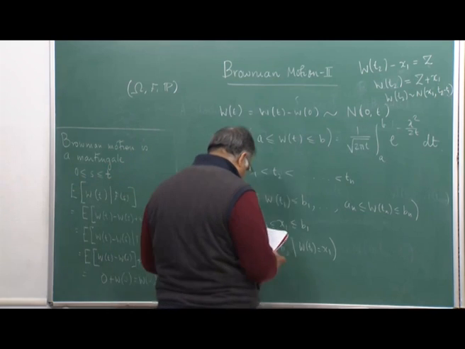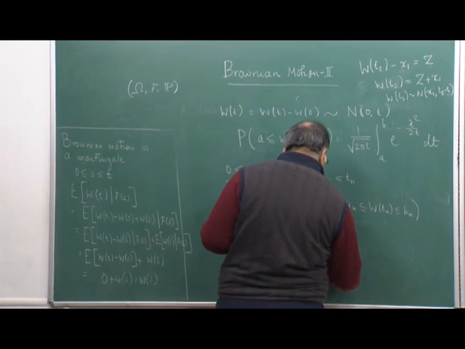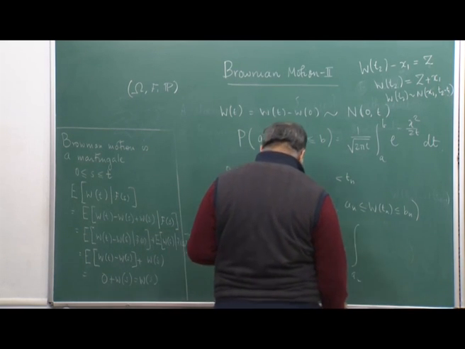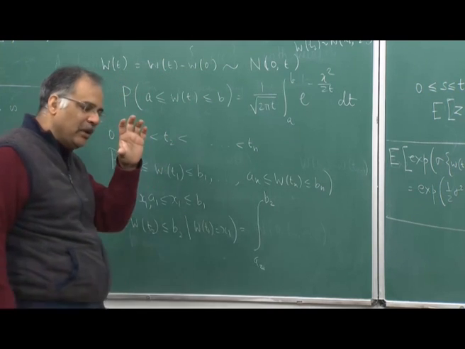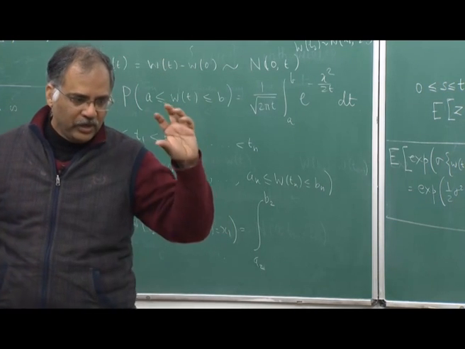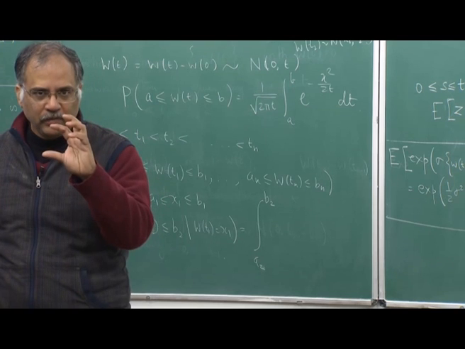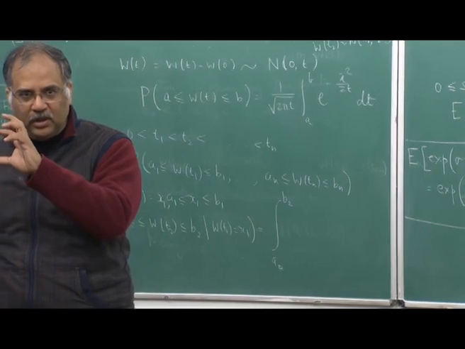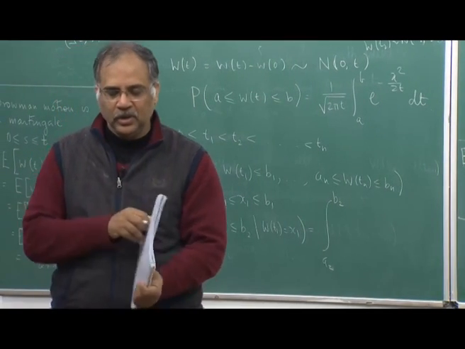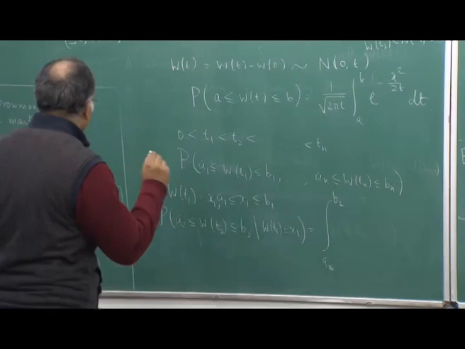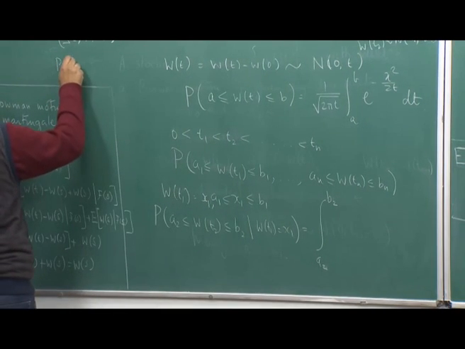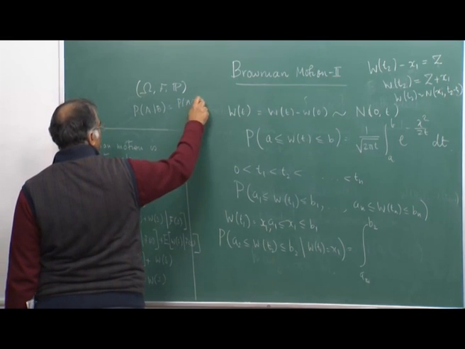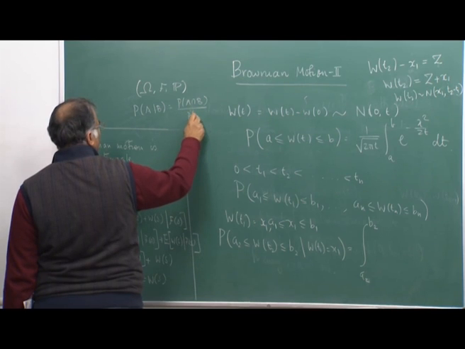This means now I can compute... we will apply the same idea of conditional probability: probability of A given B is probability of A intersection B by probability of B, this is what we had learned.